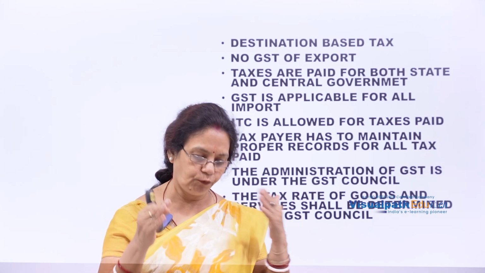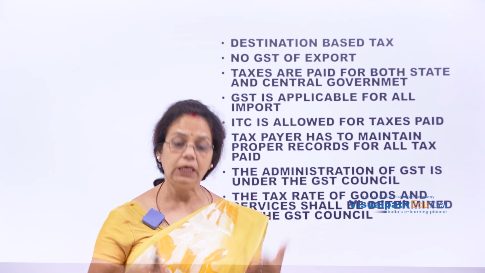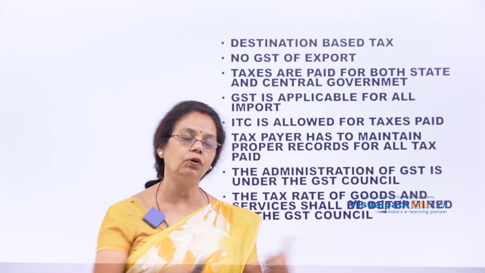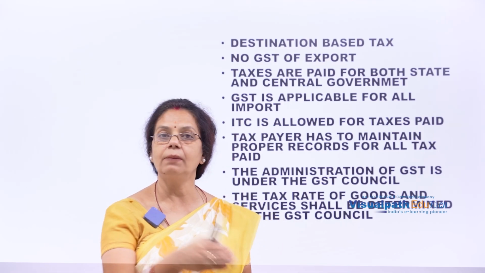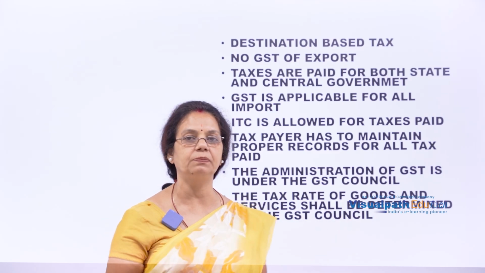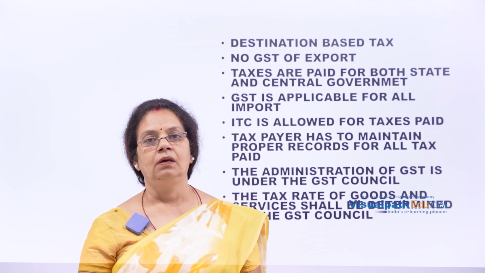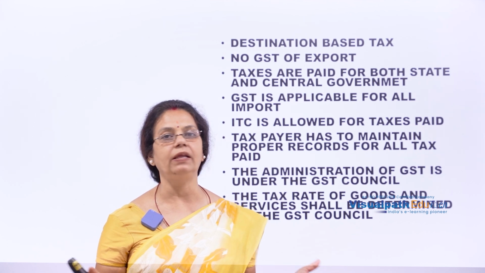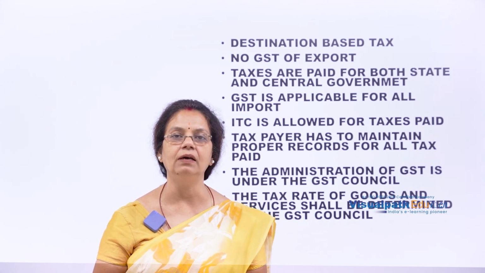If each and every individual maintains the tax record, then what will happen? The same record will be there in the government register also, because we have to submit it. Each and every trader, each and every businessman has to submit their tax report to the government when the government calculates the tax. So at that time, it is quite easy to find out the total tax payable and receivable by the government.